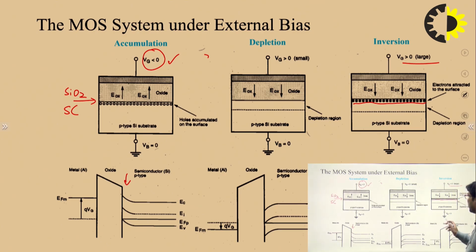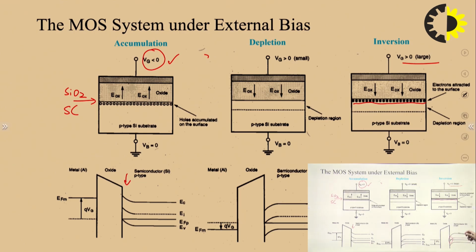So this is the energy band diagram for the inversion layer. You can see at the interface the intrinsic Fermi level is crossing the Fermi level of p-type, then we can say this p-type material will behave as an n-type material due to the crossing of the intrinsic Fermi level at the interface of SiO2 layer and semiconductor layer.